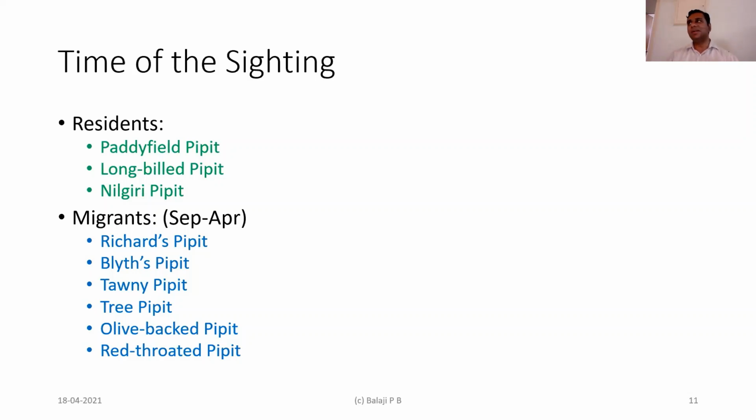All these things are very critical in zeroing in on the ID. So the timing of the sighting is very critical. Let's say if you are seeing it in June or July, you can eliminate all the migratory species and only focus on identifying between the residents. This will be very useful to know.